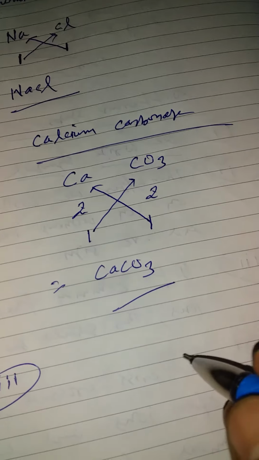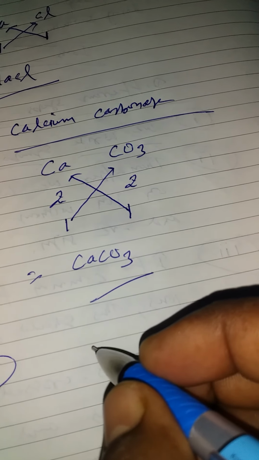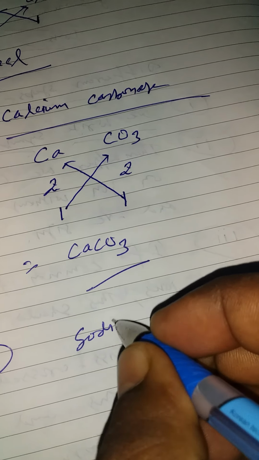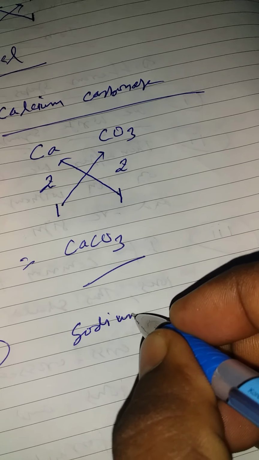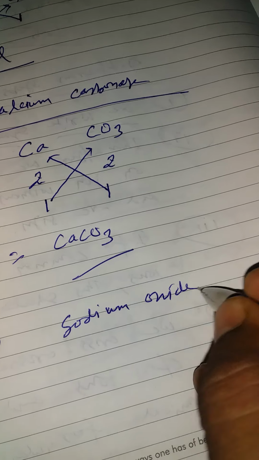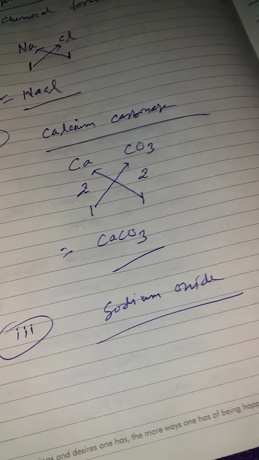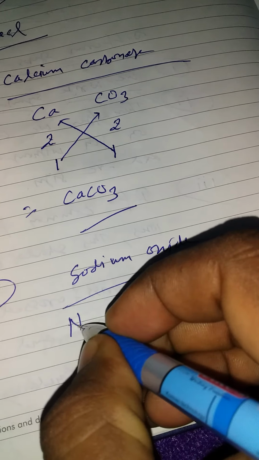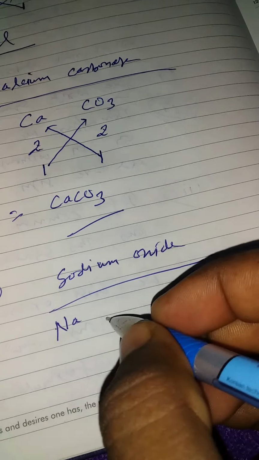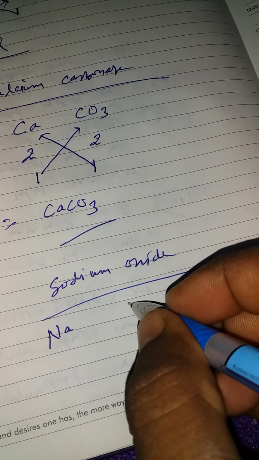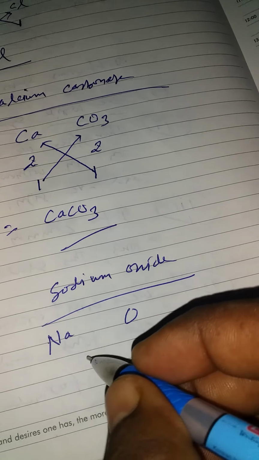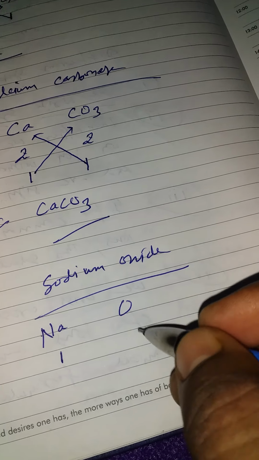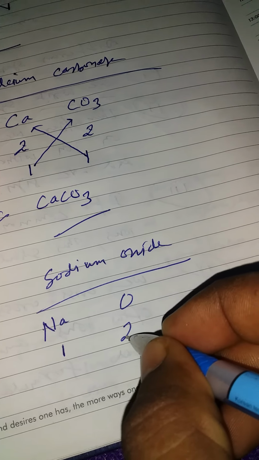Third, chemical formula of sodium oxide. Students, for sodium we write symbol Na, and for oxide O. Sodium carries +1, so write 1, and for oxide 2 minus, so 2.